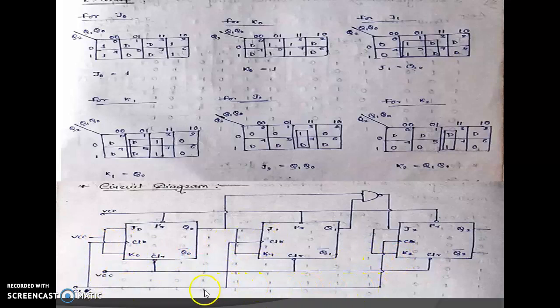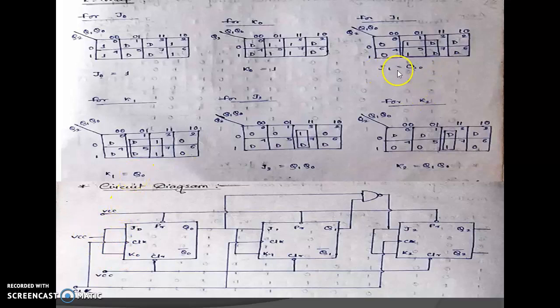These 3 negative clock pulses are connected to each other. This point is clear and this point is preset. Both are connected. So at first we see the equation J0 and K0. Both are 1. That's why J0 and K0 are connected and the value is 1.